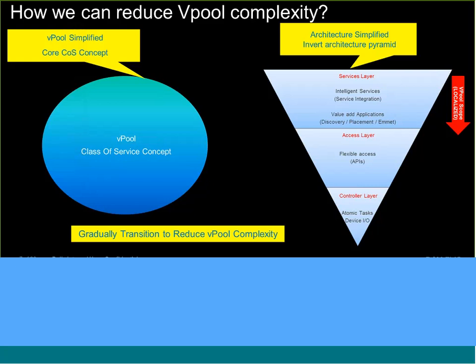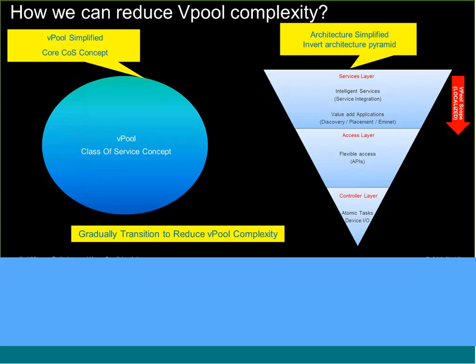Earlier the vpool definition had multifaceted attributes. We have to reduce it to the simple class of service concept, and we have to invert our architecture. We have to invert the architecture pyramid, and it looks like this, where the controller layer becomes very thin, based on the access layer and then the service layer.